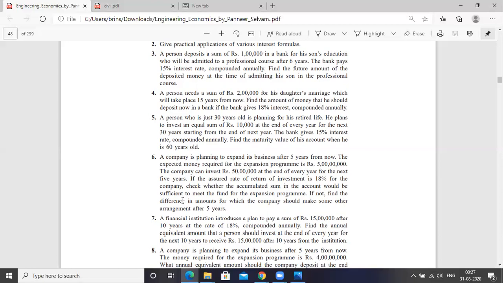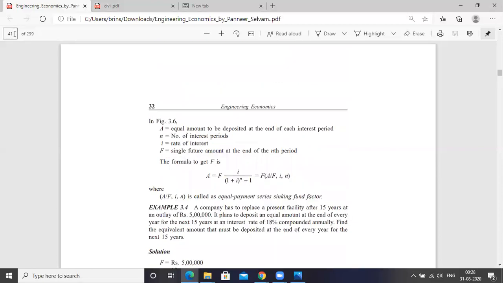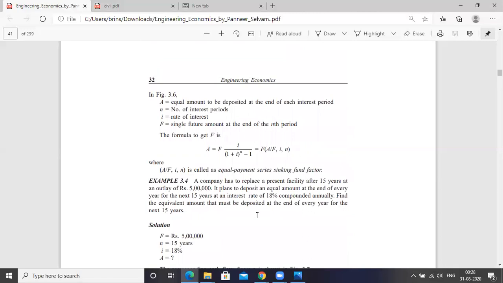Check the amount. Before moving on to this problem, let's see the equal payment series present worth amount and other factors, and then we will move on to this same question, and then I shall explain it to you.